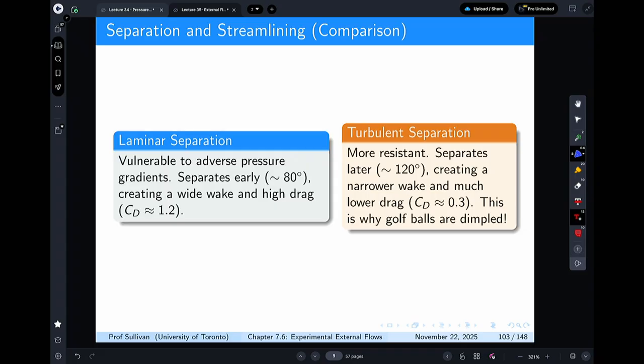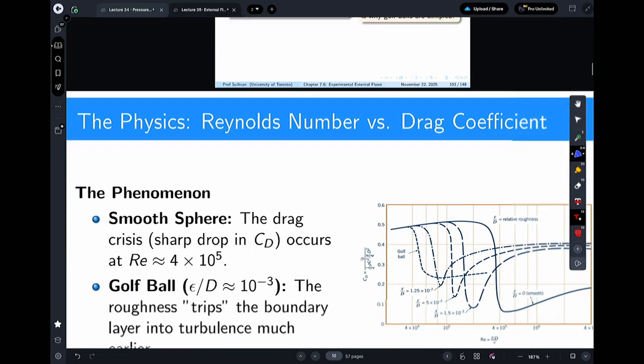Laminar separation is vulnerable to pressure gradients, separates early at 82 degrees, creates a wide wake and high drag. Turbulent flow is more resistant, with a much narrower wake and much lower drag. This is why golf balls are dimpled, which leads into this discussion.